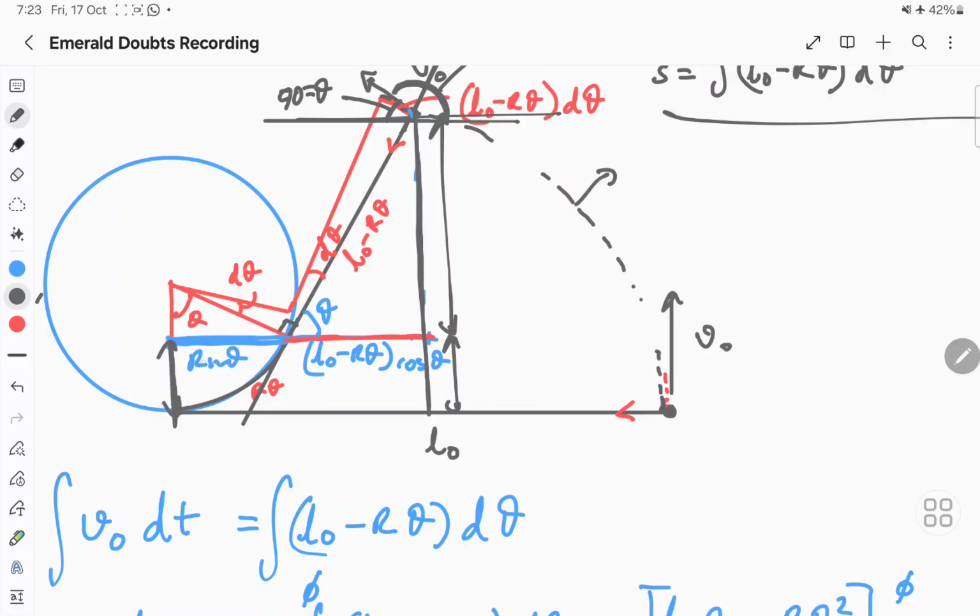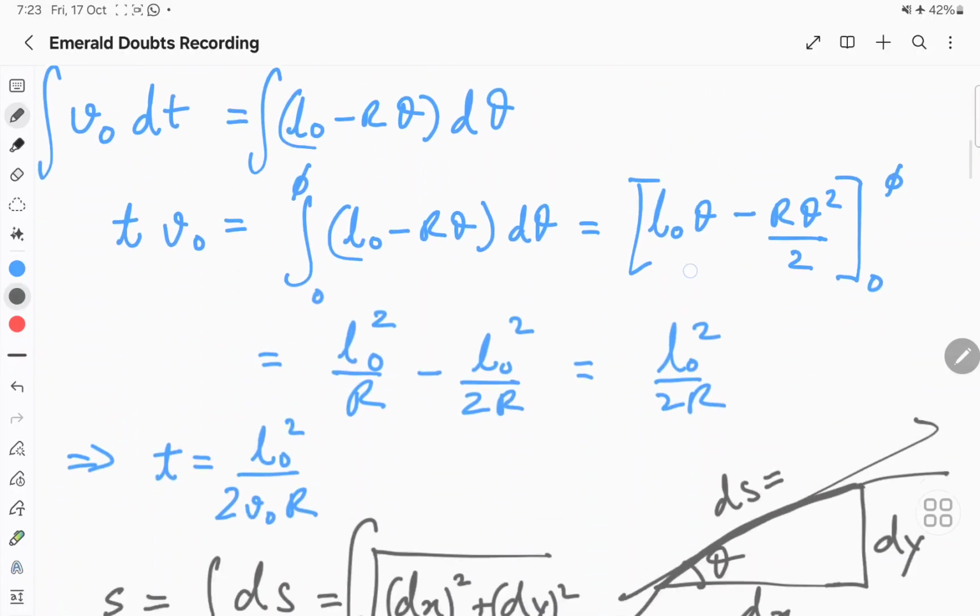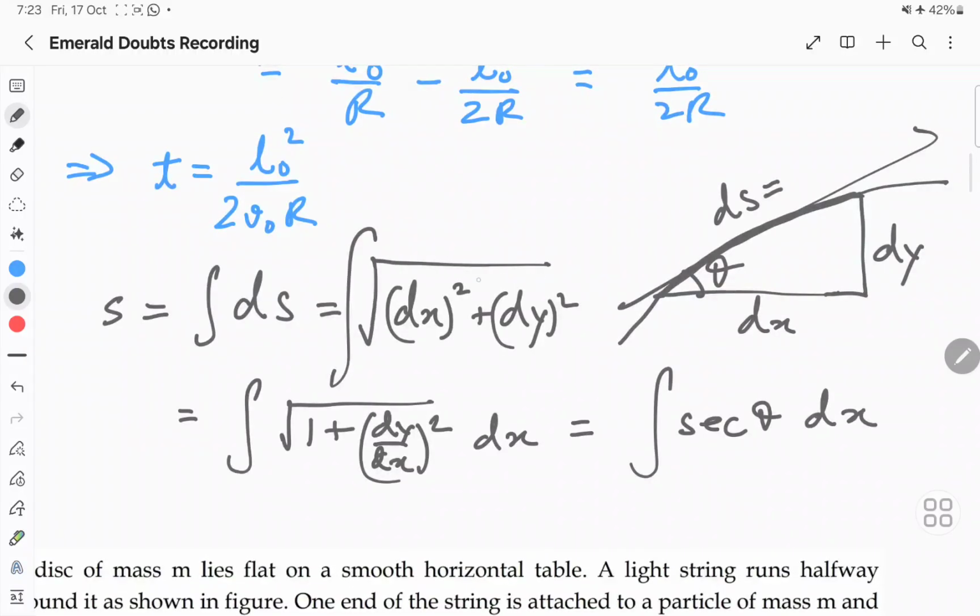Same way as we have given the x location, you can find the y location in terms of theta, and get your dy by d theta, so that you can write this equation dx square plus dy square.